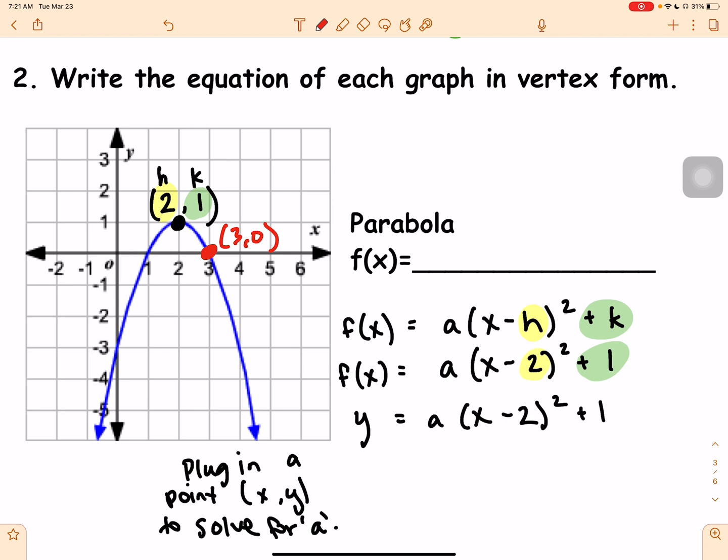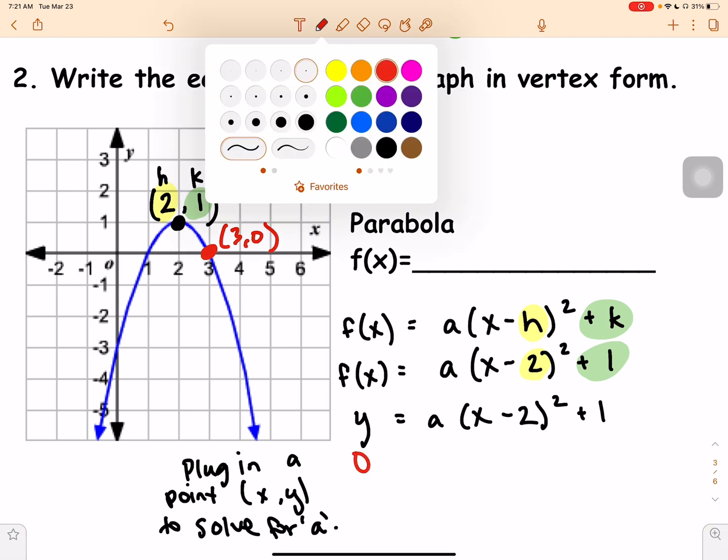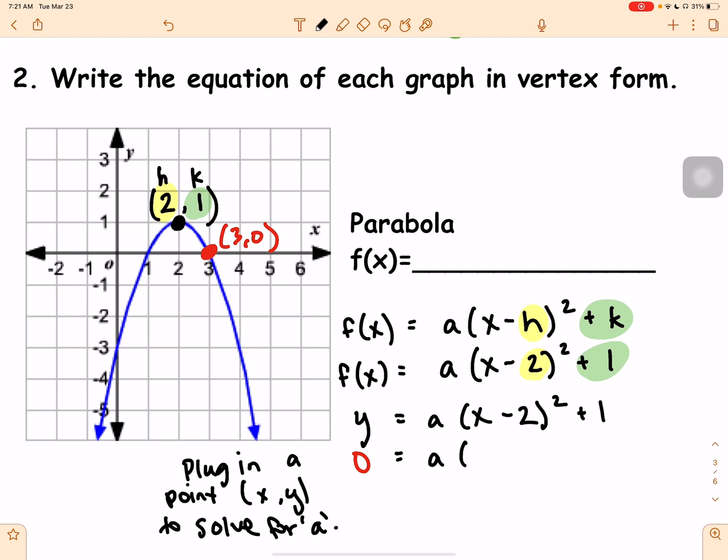So here we'll put y as 0. We're solving for a. x is 3, because x comma y is 3 comma 0. Now we just have to simplify this.